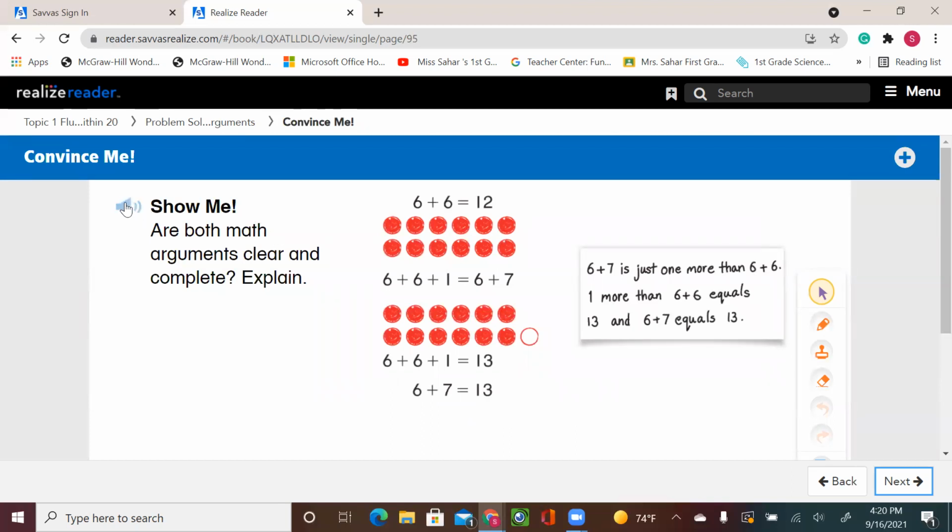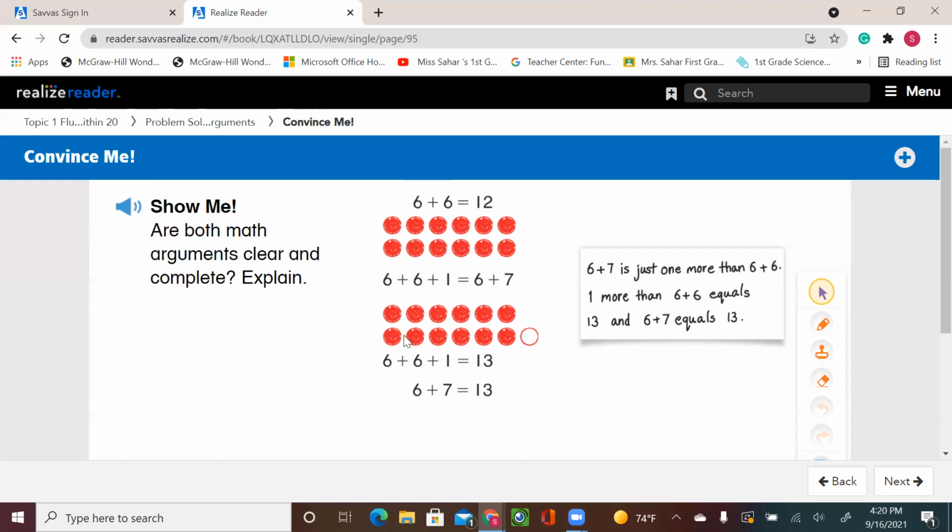Let's see what we have here. Show me. Are both math arguments clear and complete? Explain. All right. What do we have here? We have 6, 1, 2, 3, 4, 5, 6, and the second one again 6. So this is a double. So this is another strategy. 6 plus 6, double 6, 12.